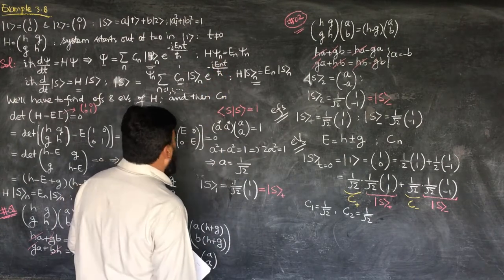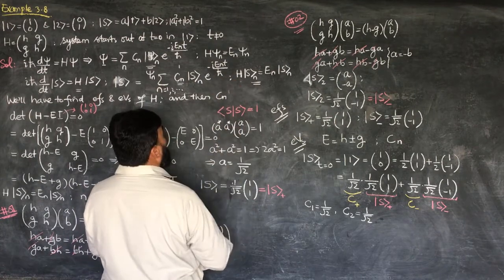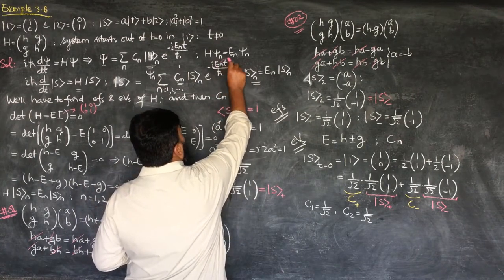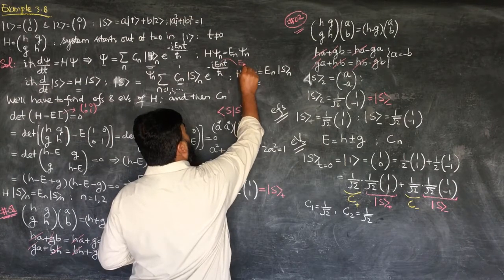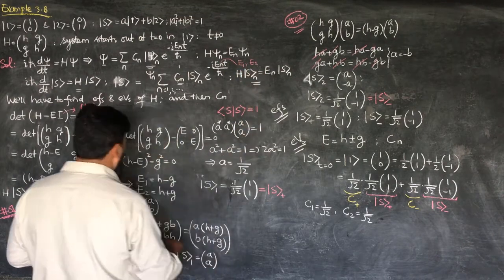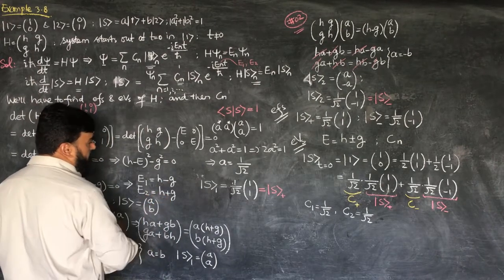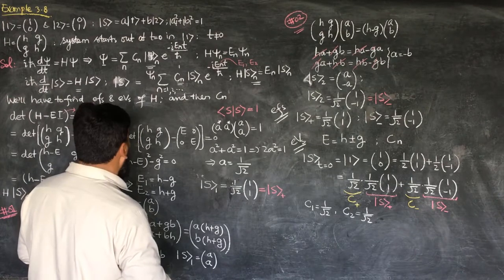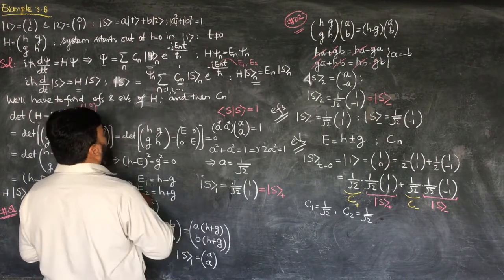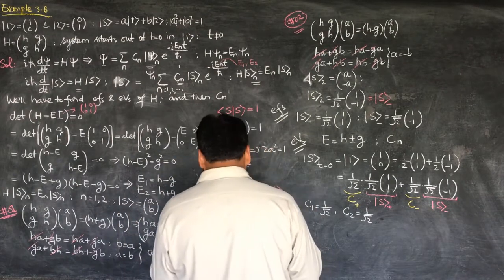So for En, I will put E1 and E2 values here. These are E1 and E2 values, and E1 value is H minus G and E2 value is H plus G. So I will put these values and then the states will also multiply.